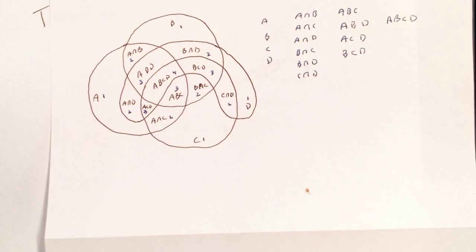On our web links section on our Canvas page is a link to a paper about Venn diagrams. Whole web page with all sorts of Venn diagrams. That's where I stole this from. It turns out you could use the same shape every time. But if you want to use the same shape every time, that shape can't be a circle.